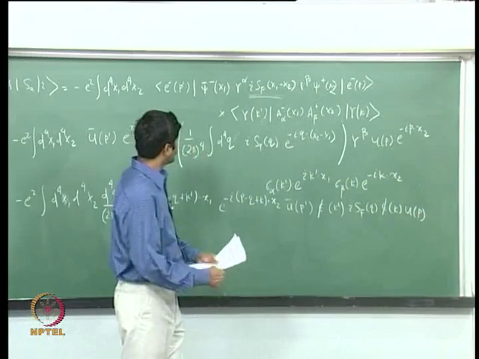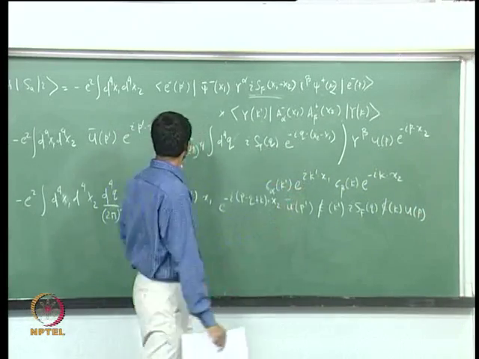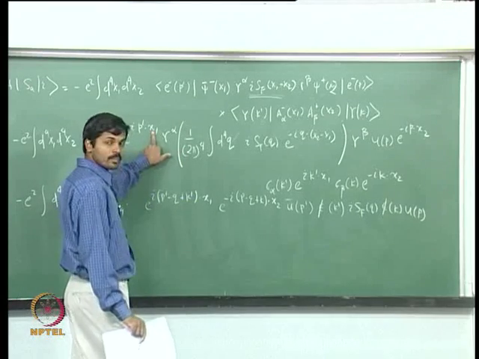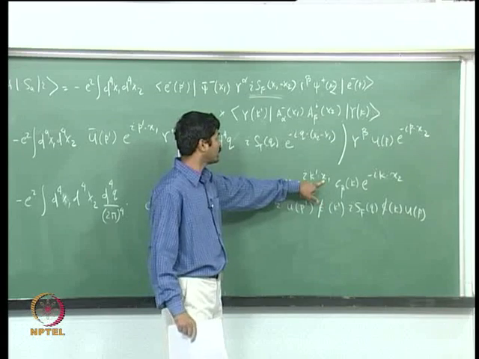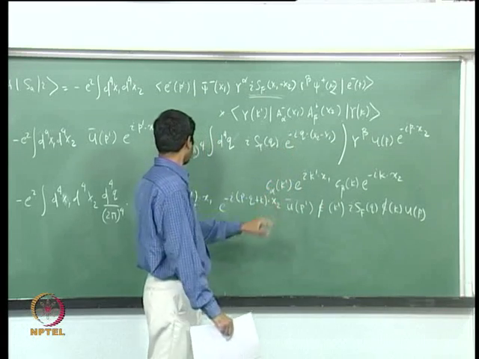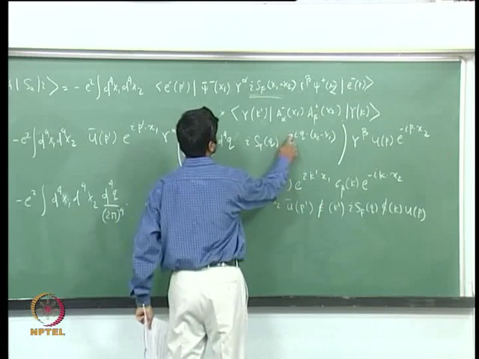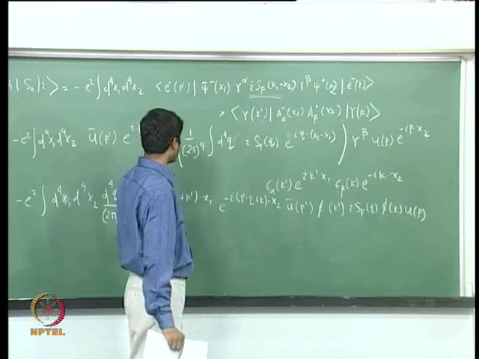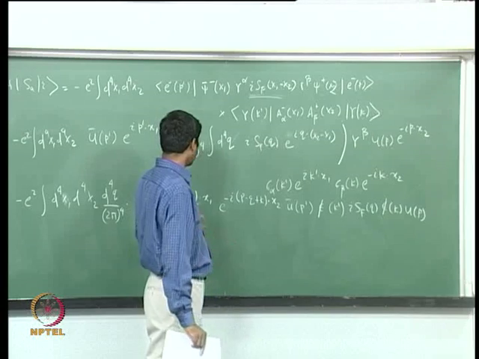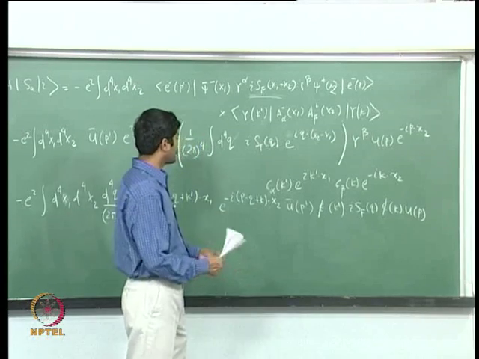So as you can see, you have e to the power i p prime dot x1, e to the power i k prime dot x1, and then e to the power minus i q dot x1 here.